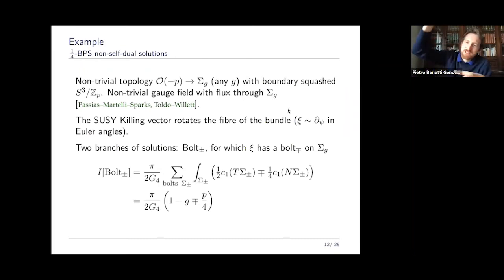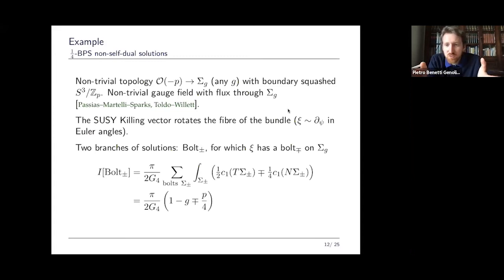They are blow-ups of the origin, or various fiber bundles, such as products of the canonical bundle over any Σ_G. The boundary of this space is S3 modded by Z_p. Here I'm talking about the total space of the fiber bundle. And there is a non-trivial gauge field that supports this construction with a flux through Σ.